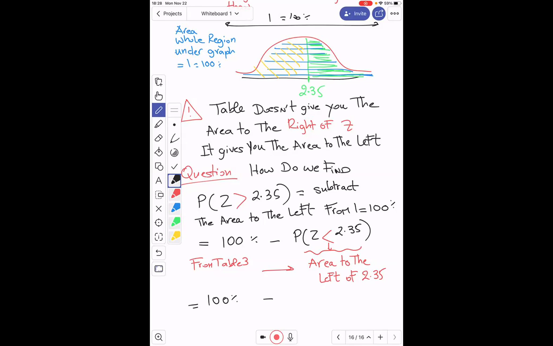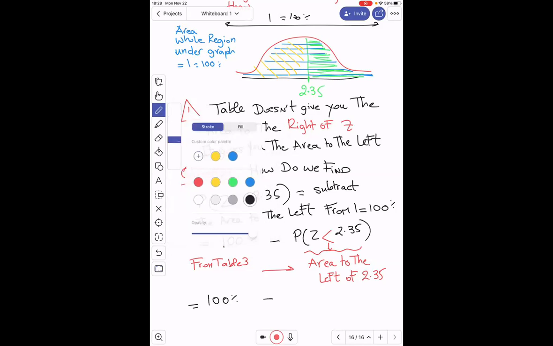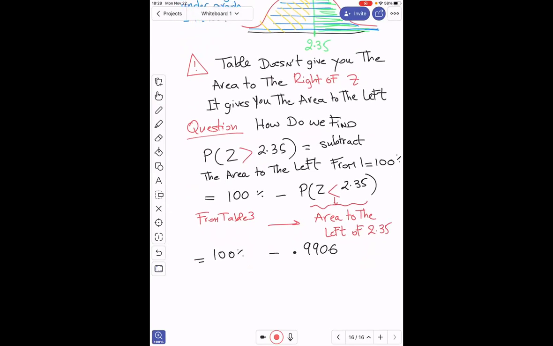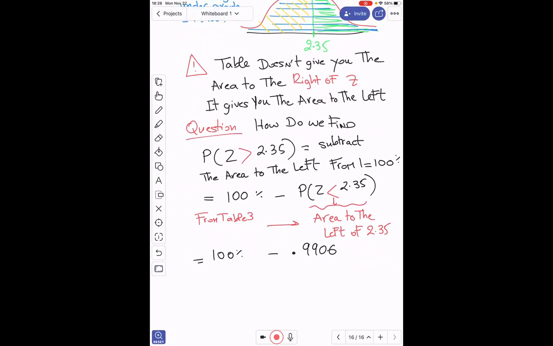So it's 0.9906. Again, I got this number from table number 3.